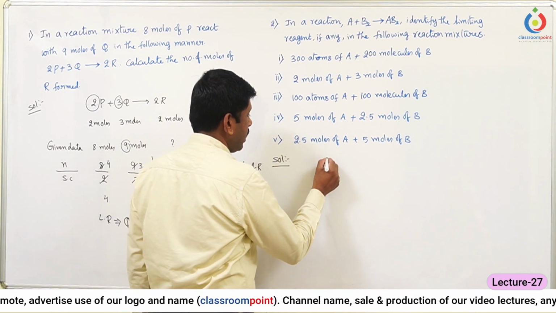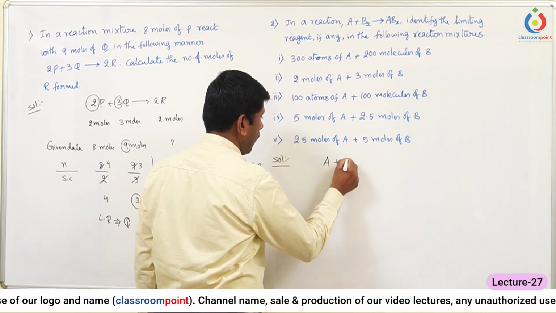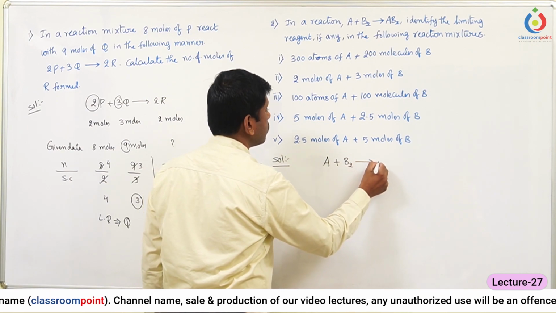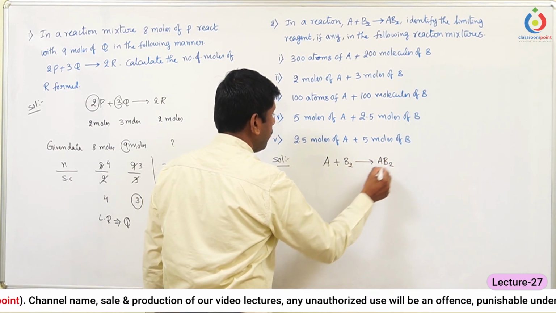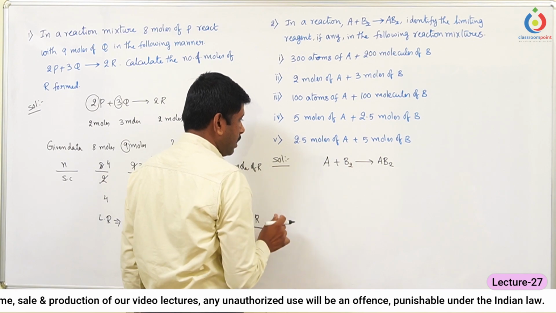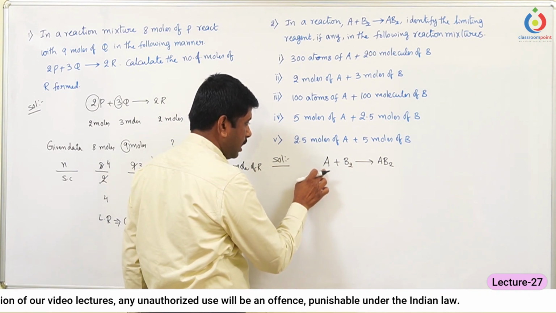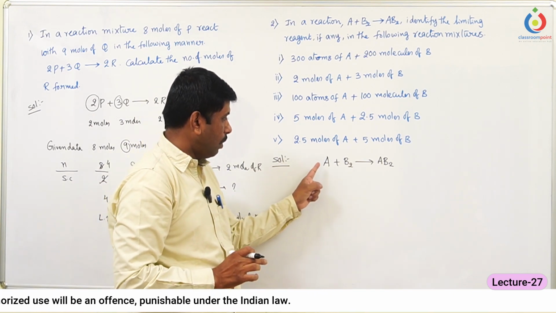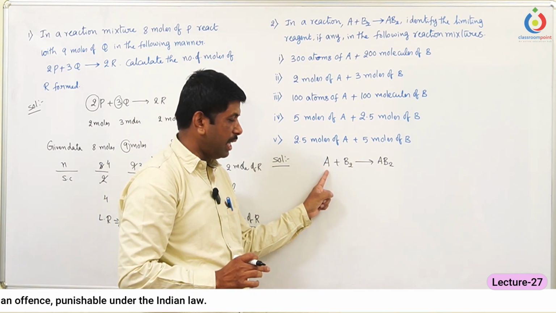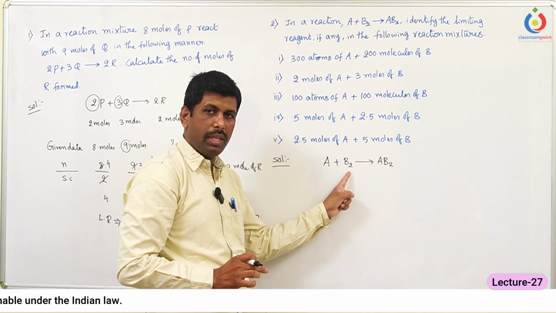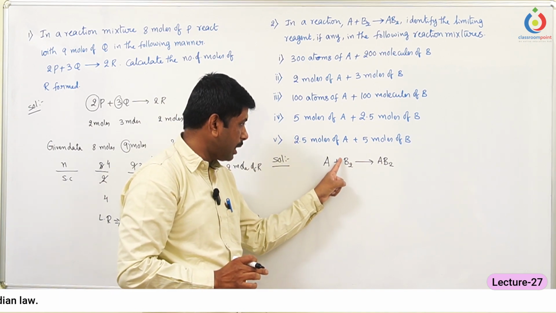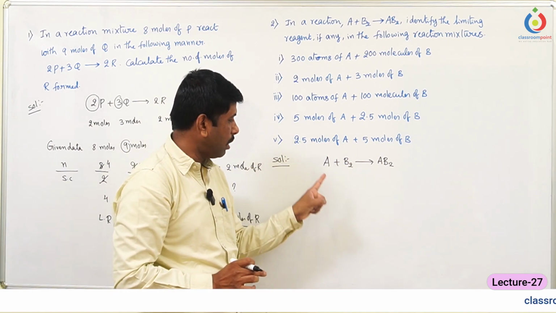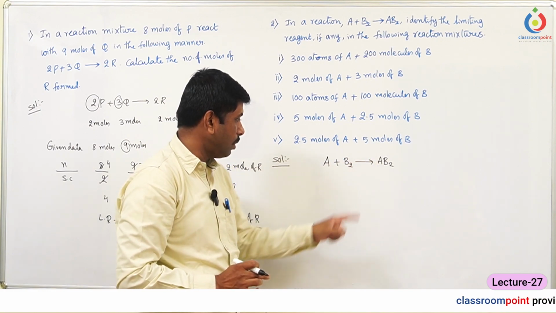Solution. The given reaction is A plus B2 gives AB2. From the balanced equation, A is directly given as atoms, but B is given in terms of molecules. So 1 mole of A atoms reacts with 1 mole of B2 molecules, because the stoichiometric coefficient is only 1 here, and here also only 1.